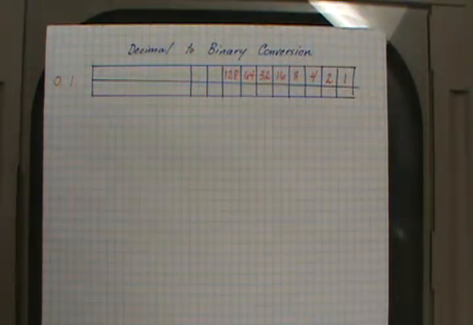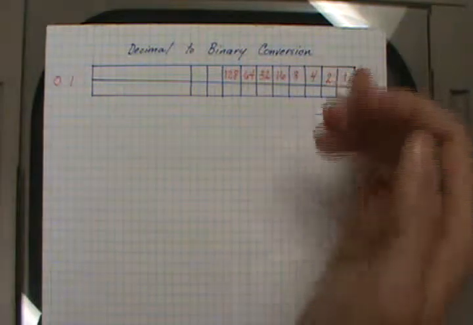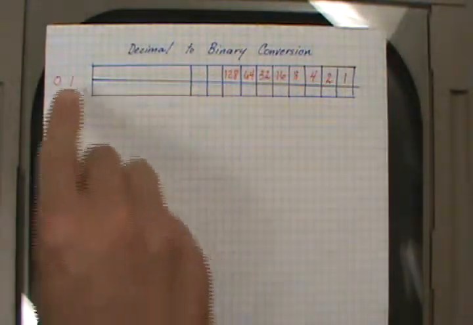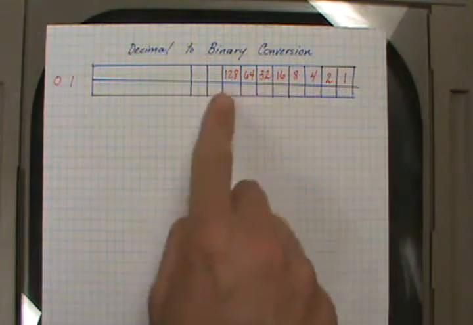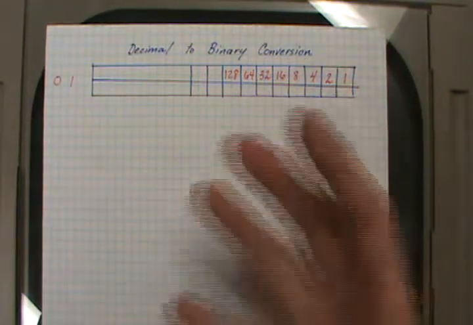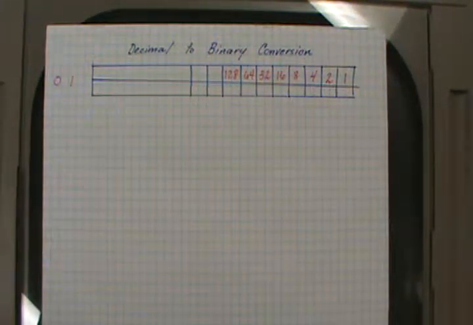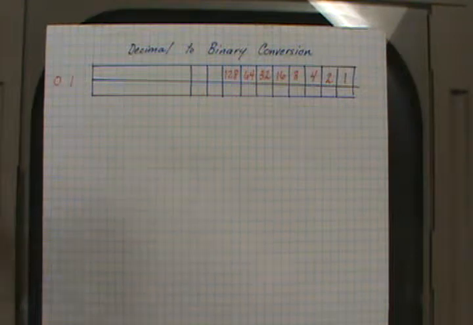So the idea here is, if I understand these orders and how a string of ones and zeros occupying these spots will represent a decimal number, if we can get that on a very basic level, then we can certainly be able to convert any decimal number.